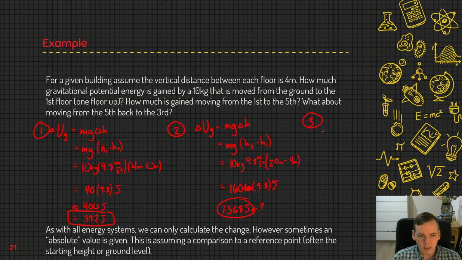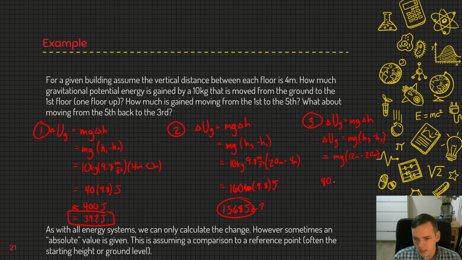And then for 3, moving from the 5th floor back to the 3rd floor, delta UG is equal to mg delta h. Delta UG is equal to mg times the height of the 3rd floor, our final, minus the height of the 5th floor. So that will be equal to mg times 3, which will be 12 meters, minus 5, which we said is 20 meters.